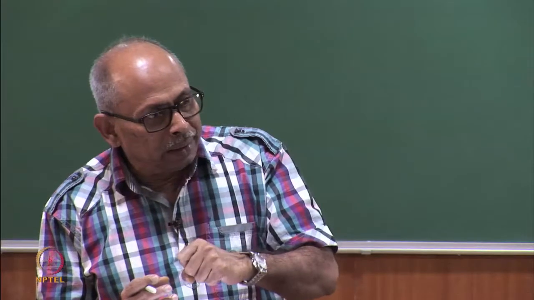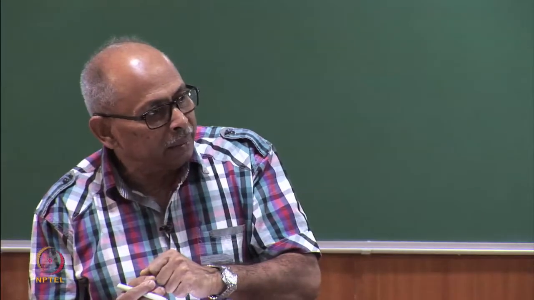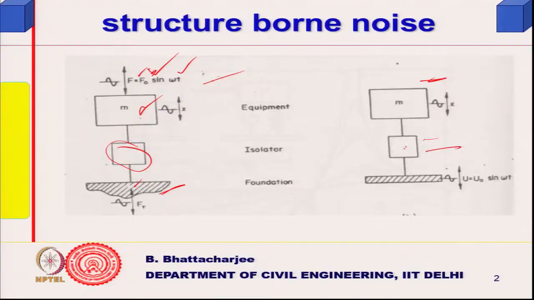The moment the energy comes from here, it stores this energy, and then sometime later releases it with a kind of phase lag or time lag, and some amount gets attenuated.